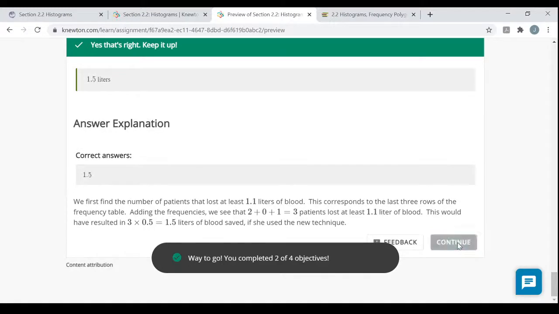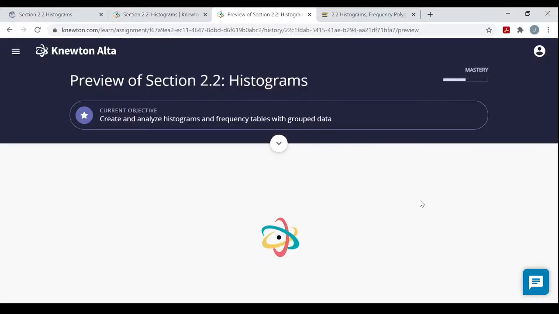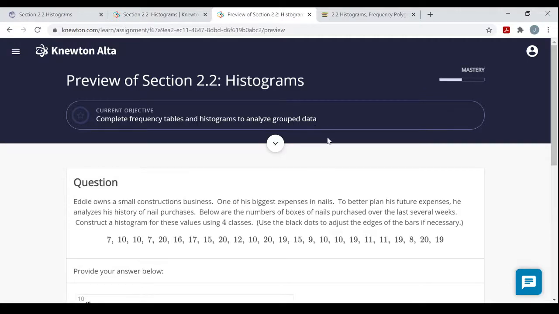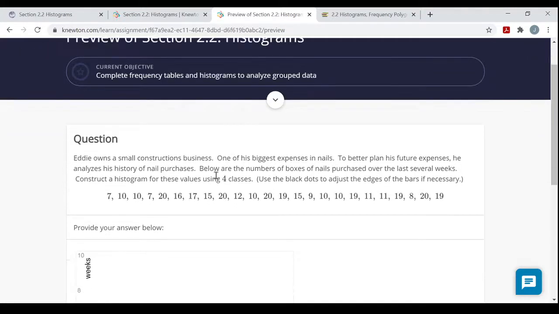All right, so moving on. Almost a little 2 objectives done. Now you'll see the other objectives are pretty similar. This is complete frequency tables and histograms to analyze group data. It's the same objective. That's what I mentioned earlier with the videos. That's why I only have one video for one of the objectives, not both. The only difference between this one and the other one is now the data is not in order.